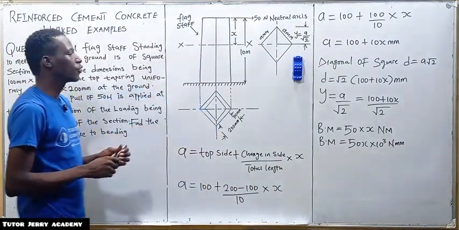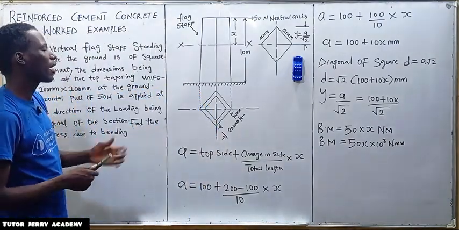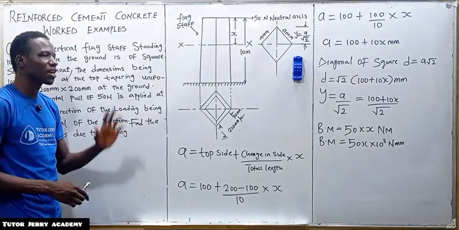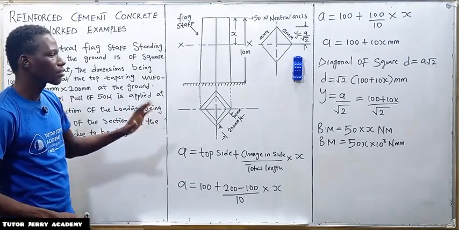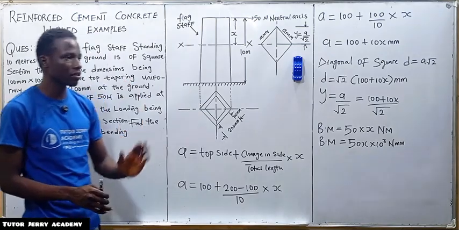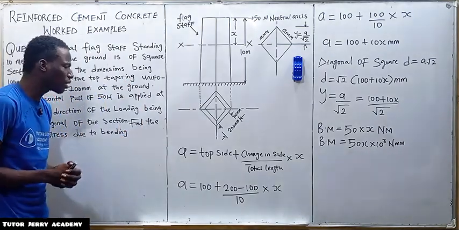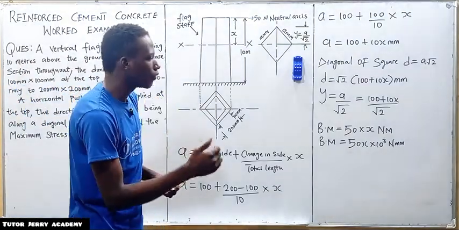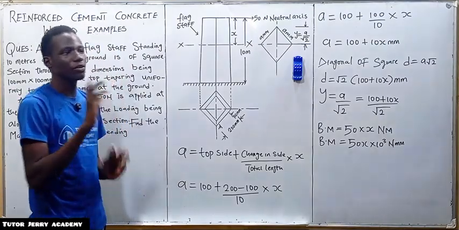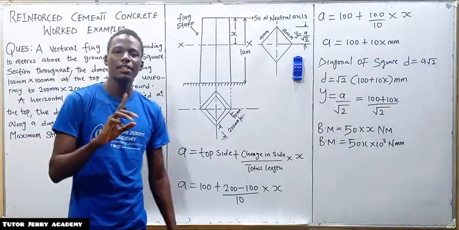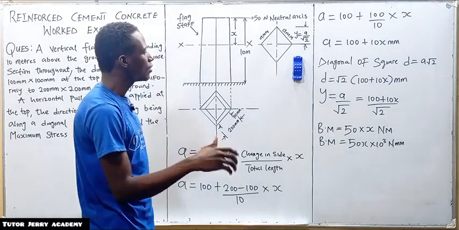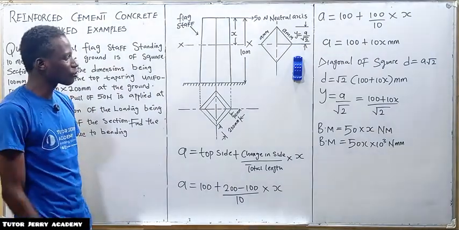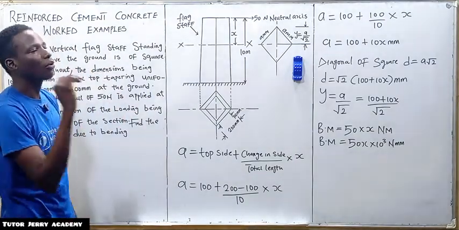If you look at this section, we have a square cross section, and the moment of inertia for a square cross section about the diagonal, I, is nothing but a to the power of 4 all over 12, where a, don't forget, is the length of side at any section. This is a very peculiar example. So I is equal to a to the power of 4 all over 12.